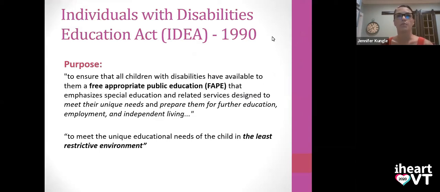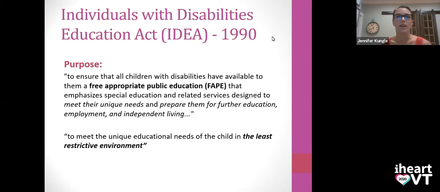So it all centers around the IDEA, the Individuals with Disabilities Education Act. And this act has been modified several times over the years, but the most recent modification really defines the purpose: to ensure that all children with disabilities have available to them a free and appropriate public education.